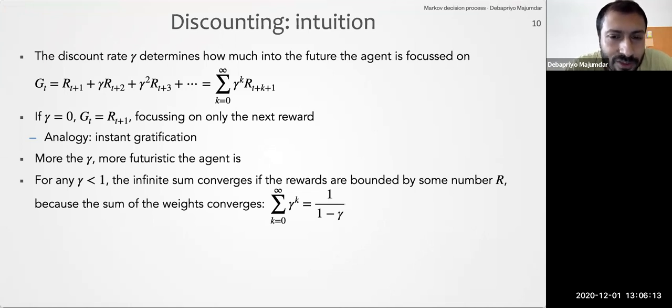So what we can now do is think about maximizing the discounted reward, or discounted return, as we call it. So return is essentially the expected future reward. Okay, any question at this point?